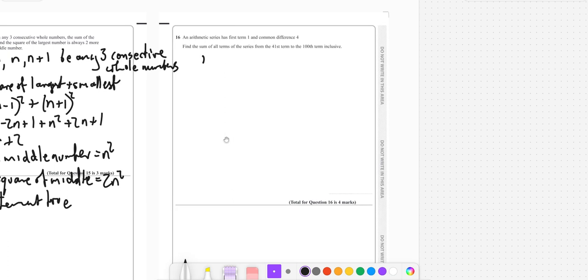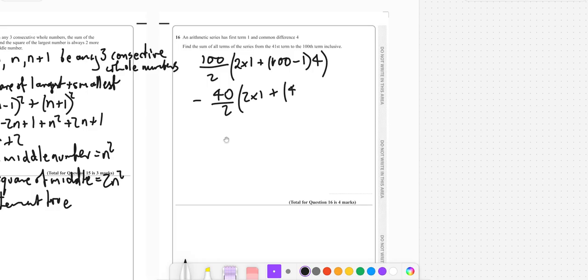So we're going to have 100 over 2, 2a plus 100 minus 1 times d, which is 4, minus the first 40 terms, 40 over 2, 2 times 1 plus 40 minus 1 times 4.